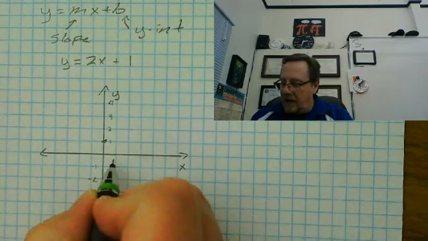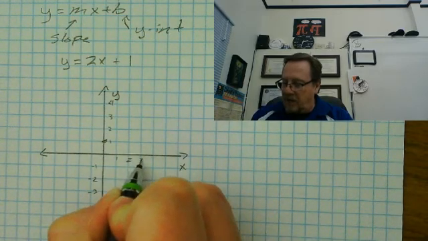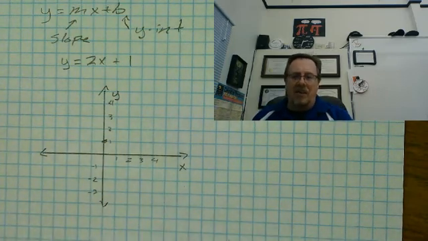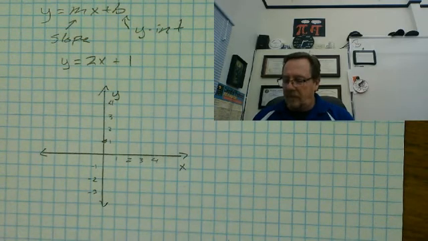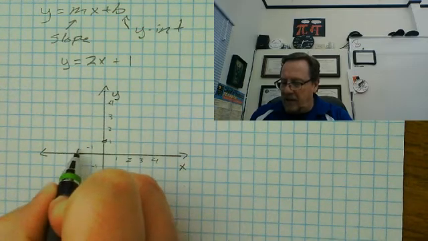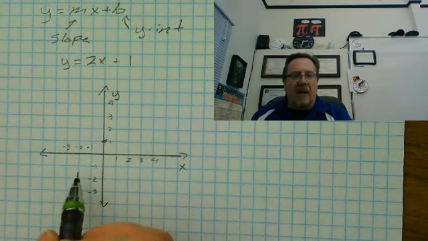Okay? Now for the x values, positive numbers go to the right, so there's positive 1, positive 2, positive 3, positive 4 on this line. Both of these are just number lines, right? They're just two number lines that cross each other. And negative x values, of course, are then to the left. So that's negative 1, negative 2, negative 3. Okay?